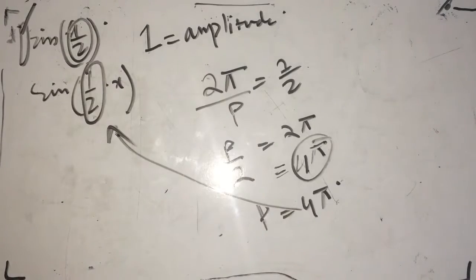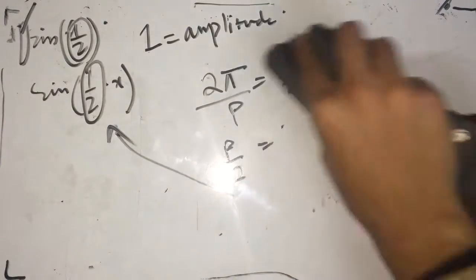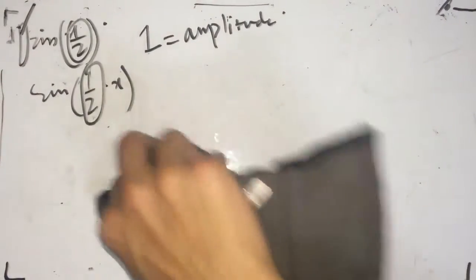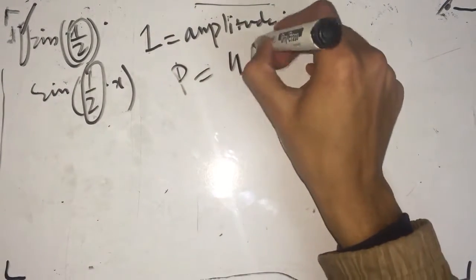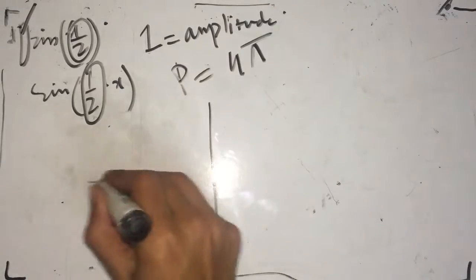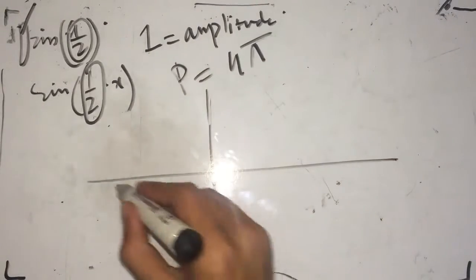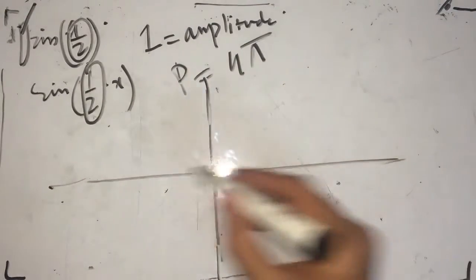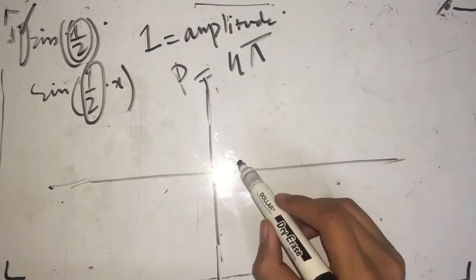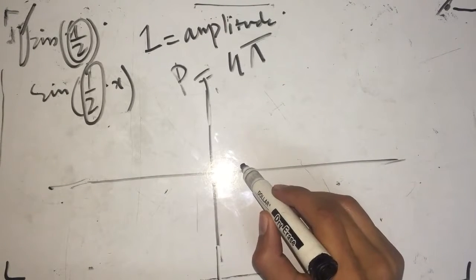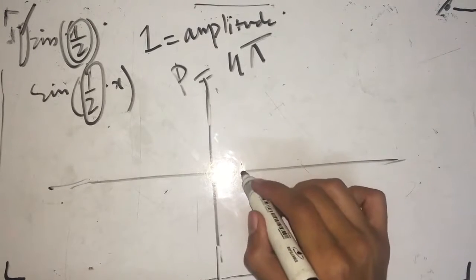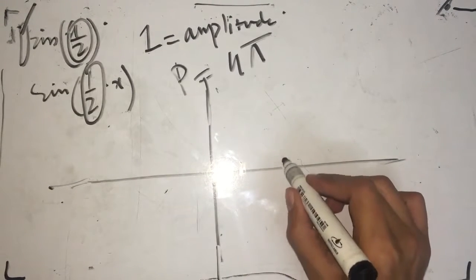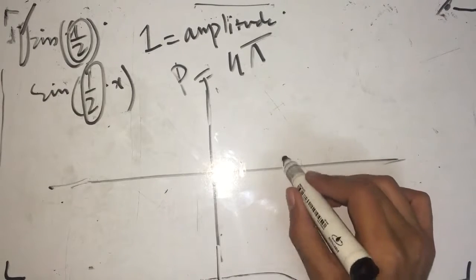So 4 pi is going to be its period. Its amplitude is 1 and its period is 4 pi. So let's just graph it. Try to draw a neat graph. All right. So here you have pi. Here you have 2 pi. Here you have 3 pi.